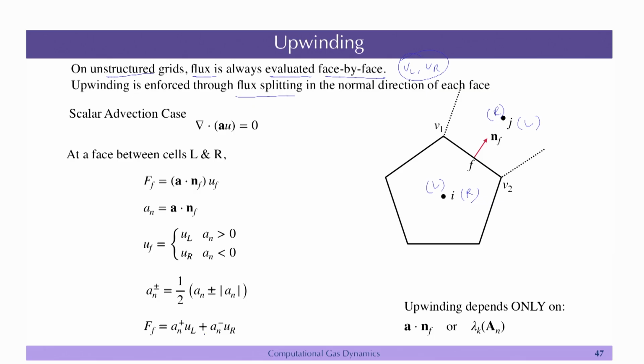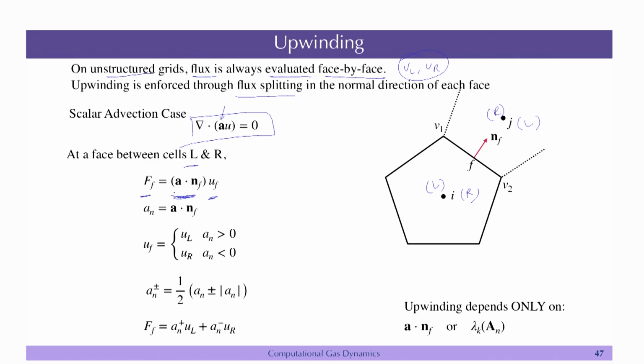Take an example, a scalar advection case, del dot (a u) equal to 0, where a may be a vector or a constant. Let us say at a face between left and right, it can be any i or j, your flux will be a dot n_f into u_f, and you may have to multiply by area there.